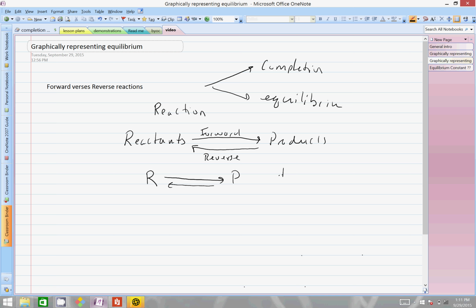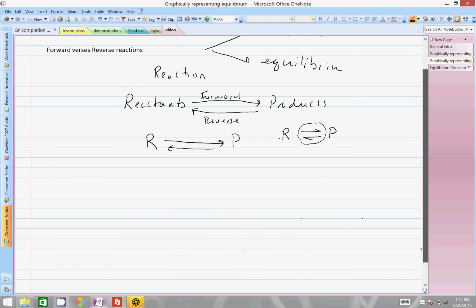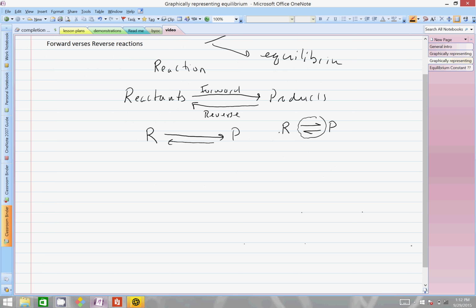So now they'll start showing reactants going to and from products. I use the size of the arrow at times to emphasize which is more prevalent, the forward or the reverse. We do know that concentrations of items can affect the rate of a reaction.